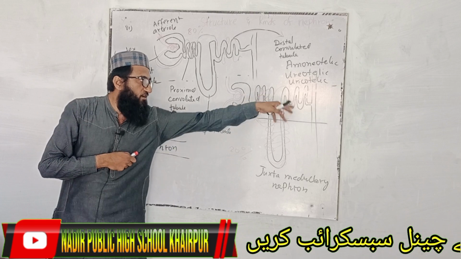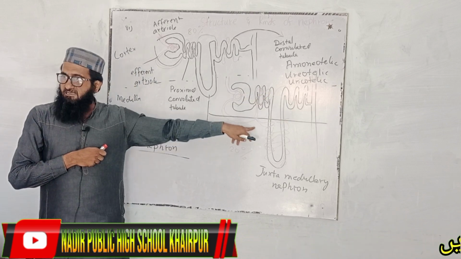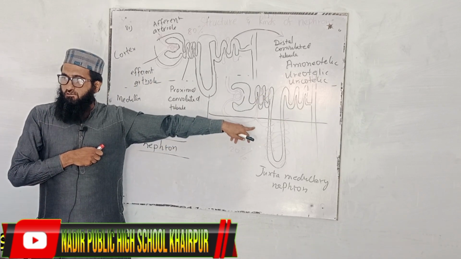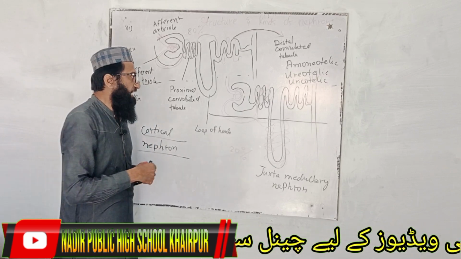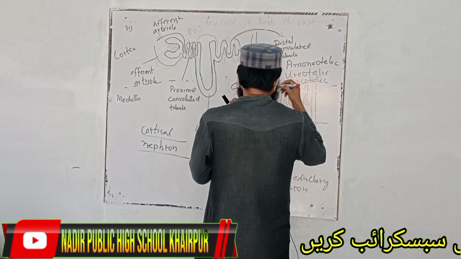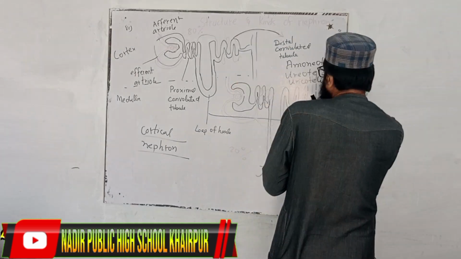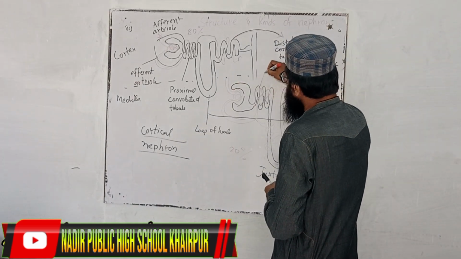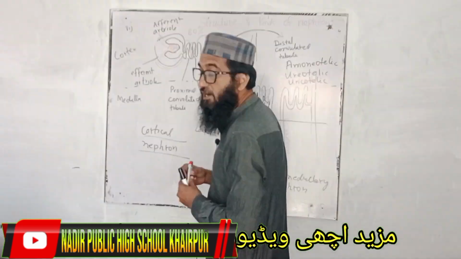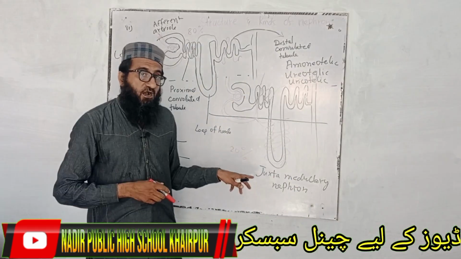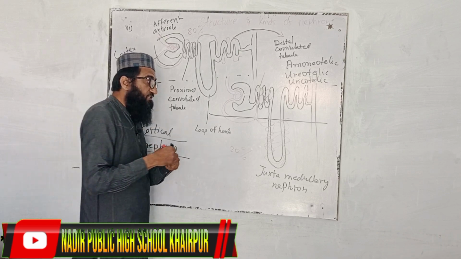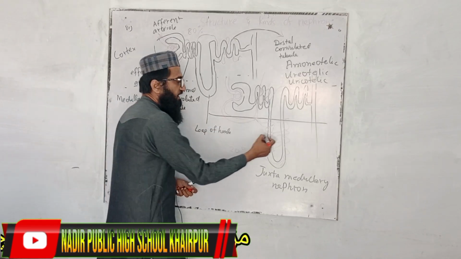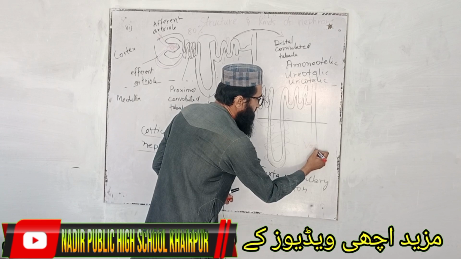One goes to the convoluted tubules and the other network of capillaries goes to the loop of Henle. The capillary network which is around the convoluted tubules, we do not call vasa recta. Vasa recta we call in case of loop of Henle. The capillaries that go to loop of Henle, we call them vasa recta.